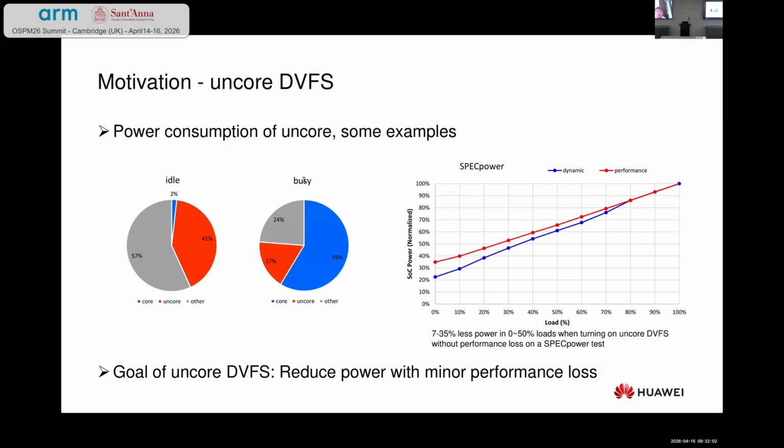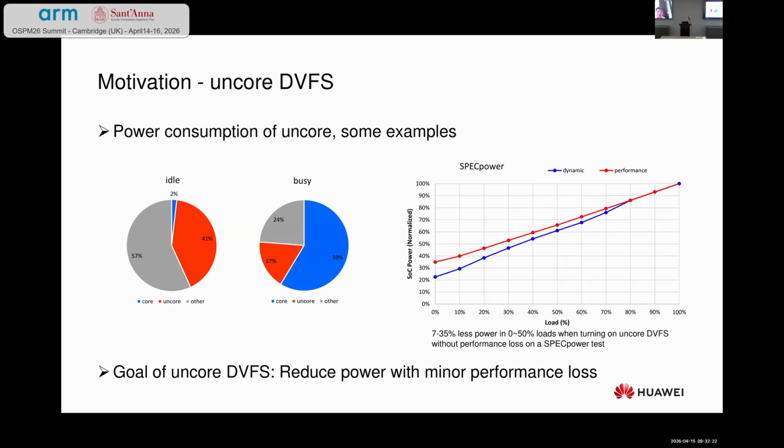In this case, the uncore consumes 17% of the power. For these two cases, we don't scale down the uncore frequency. This is just its original consumption.